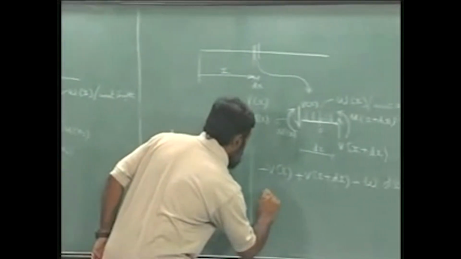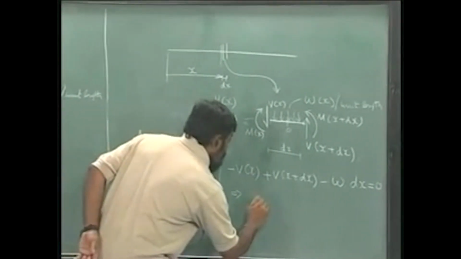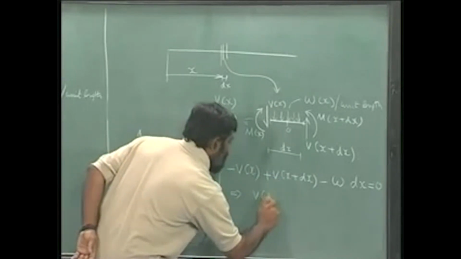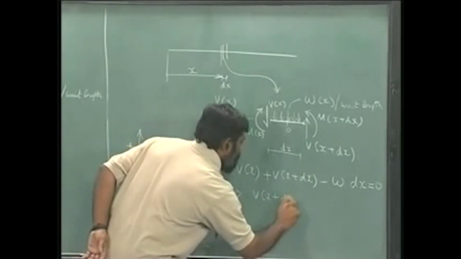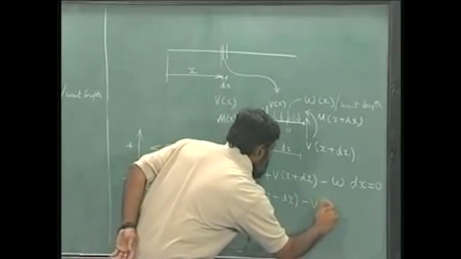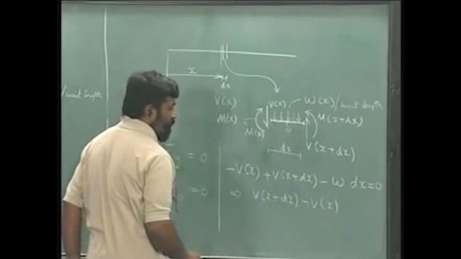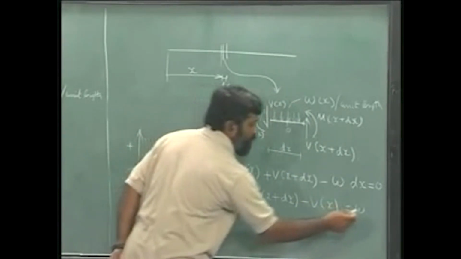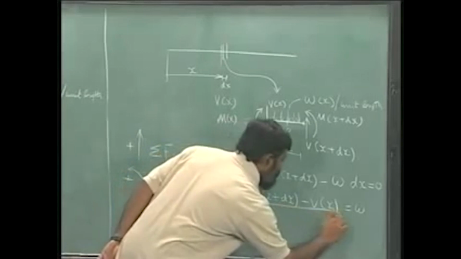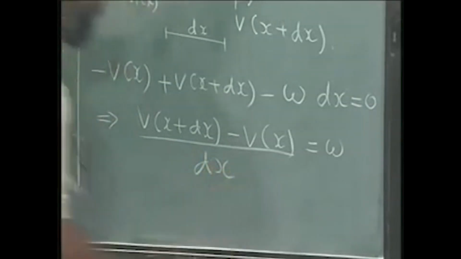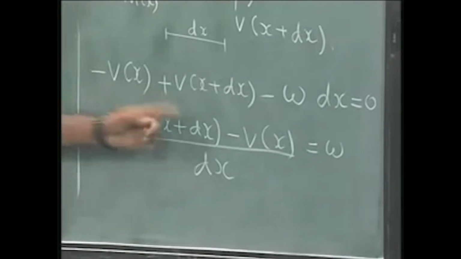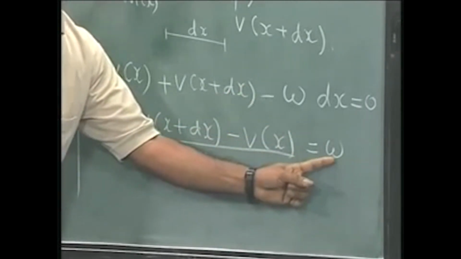So, this immediately reveals, I am going to write this in a way that you already know. V of x plus dx minus V of x is equal to W times dx. I am going to take dx down like this. Am I correct in the sign? Yes, I have taken W over to the other side.